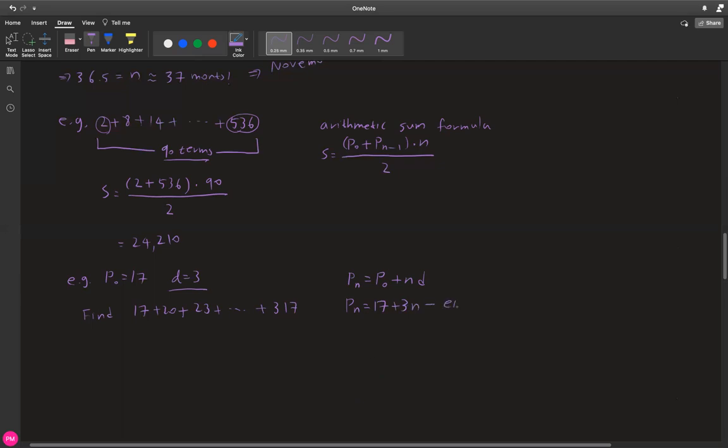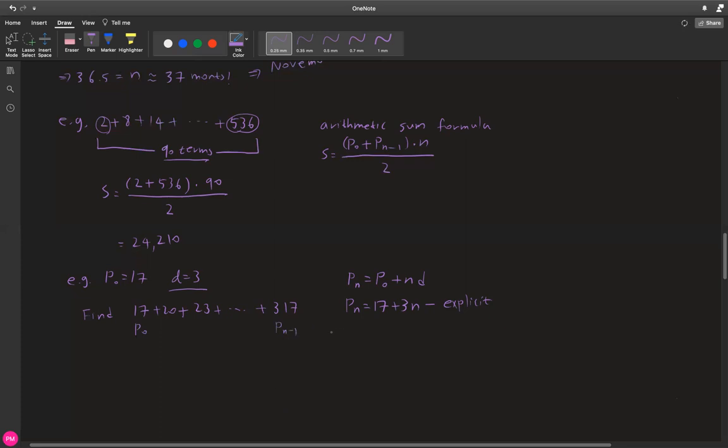For the sum, we can simply plug in 317, but we should remember that this is P sub 0, and the last term is actually given as P sub n minus 1.